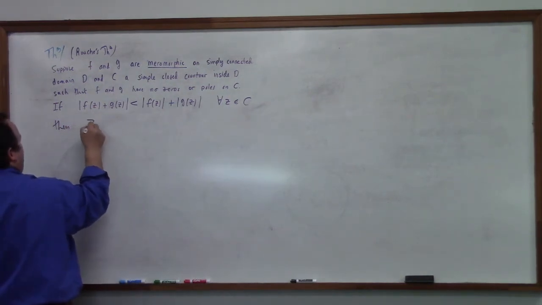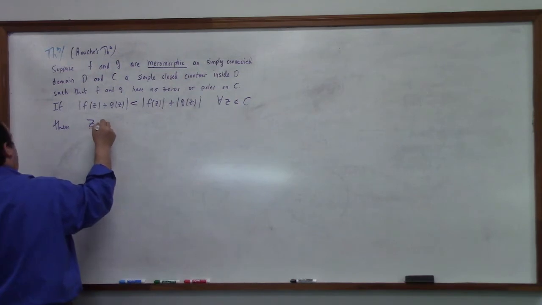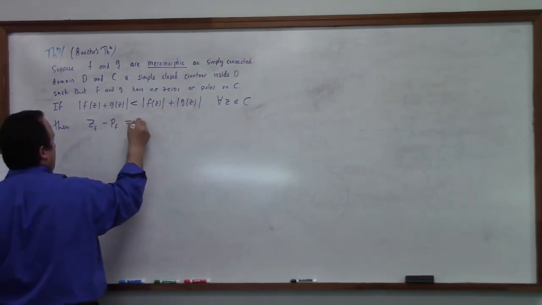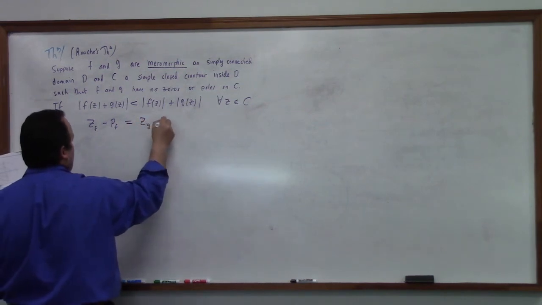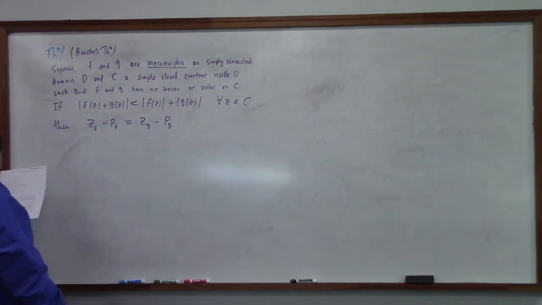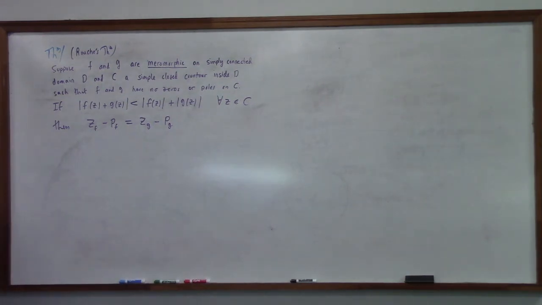What's this mean? Z_F minus P_F equals Z_G minus P_G. If you take a look back at your notes from Monday, this looks quite a bit different than the theorem I called Rouché's theorem Monday, doesn't it?